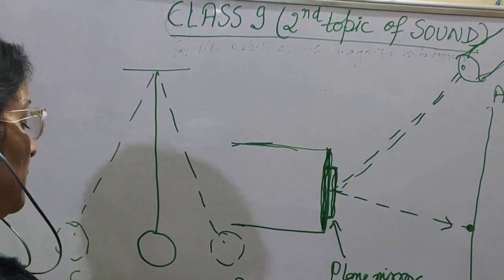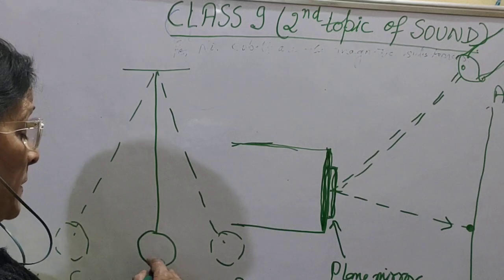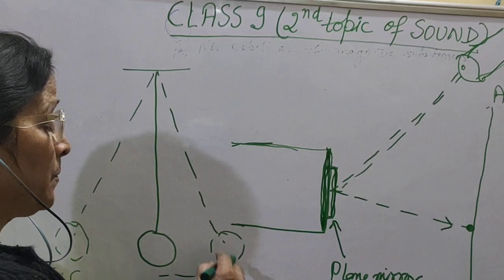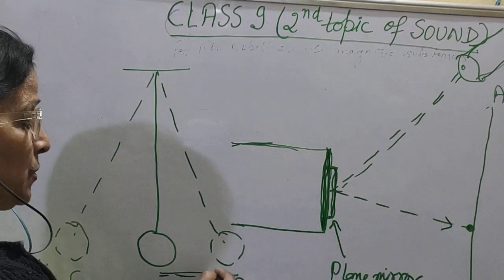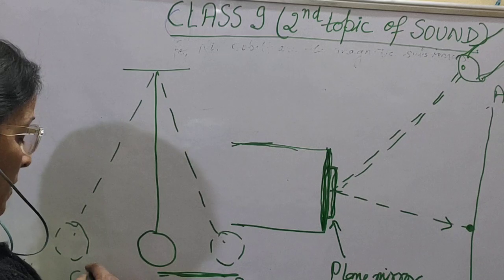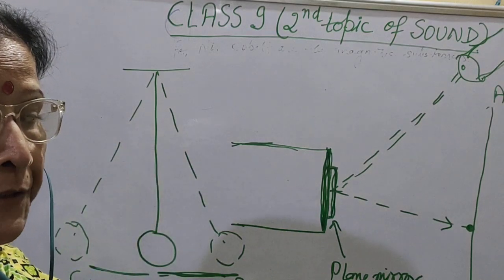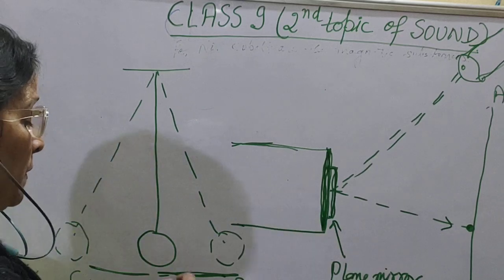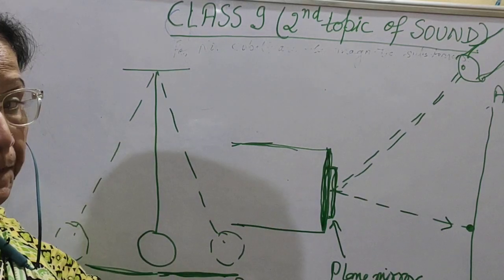And we had also studied that the maximum displacement of the bob from the mean position to one of the extreme positions is called amplitude. AB or AC is called the amplitude of vibration or oscillation.